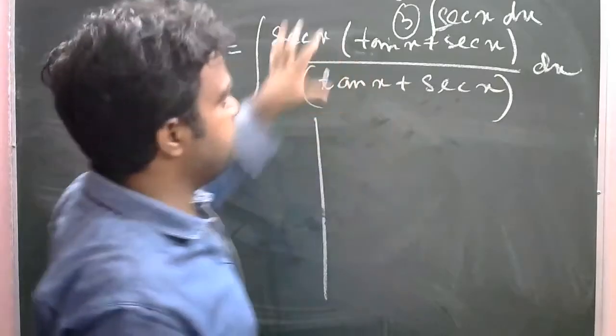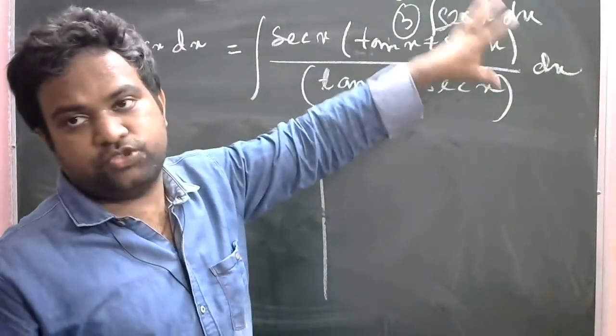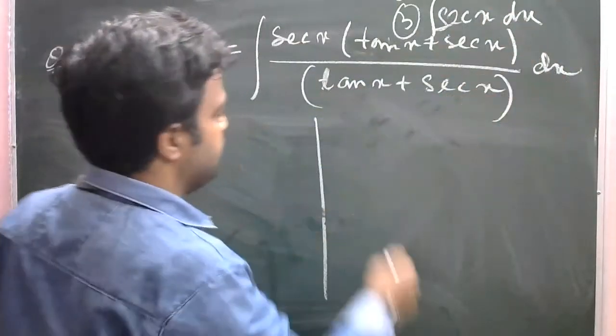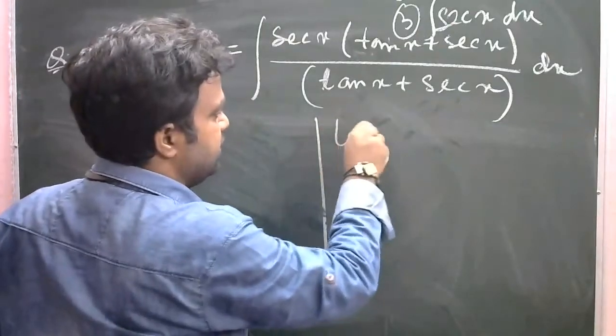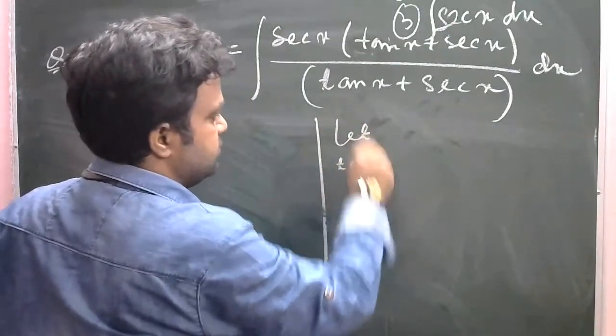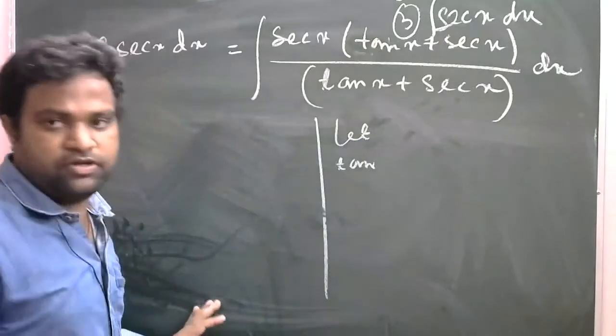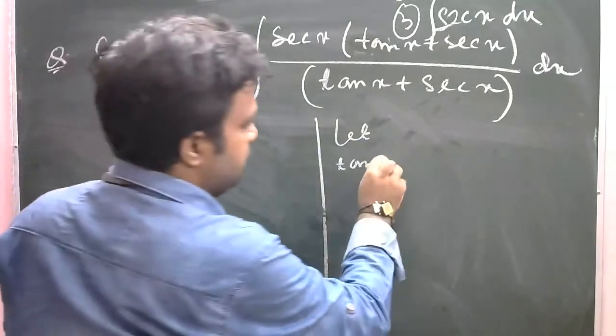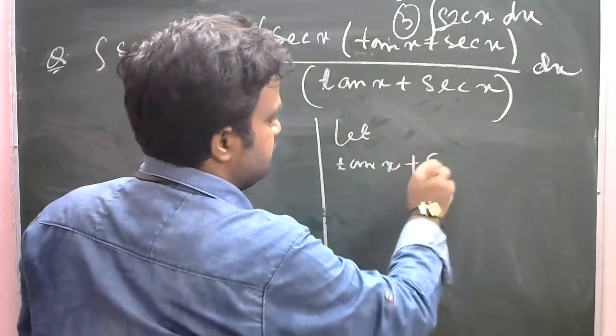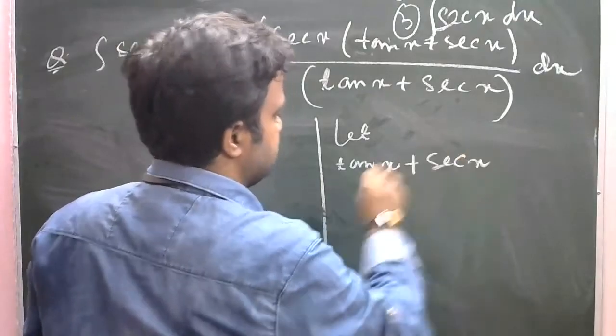I want to convert this into a new set of variables. So I'll take let tan x plus sec x be t. You will see how the numerator will also be converted easily.